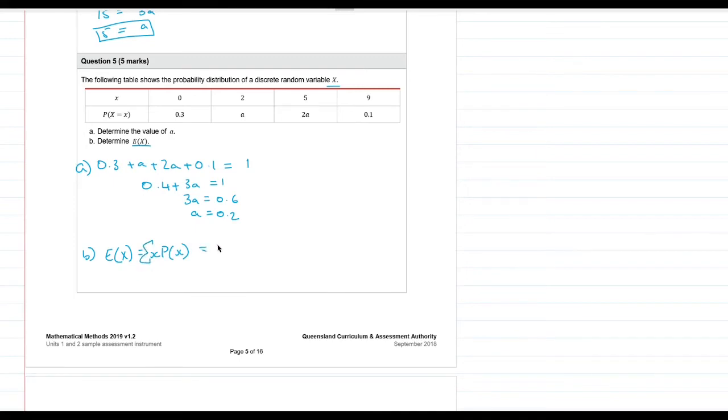So that's going to be 0 times 0.3 plus 2 times 0.2 plus 5 times 2a, which is 0.4, plus 9 times 0.1. That's going to be 0 plus 0.4 plus 2 plus 0.9, and that's going to be 3.3.